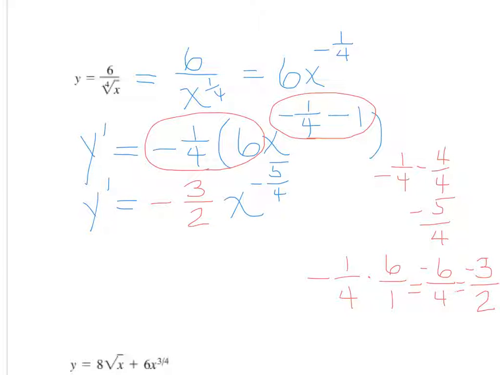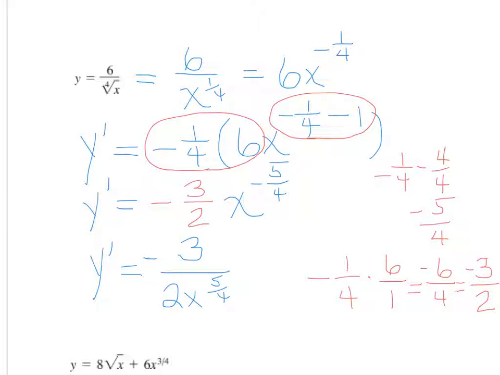If you decide to continue, and again, this is not necessary, then you can take y prime, and this negative 5/4 means the x can go back to the denominator with the 2 and become positive 5/4. And that means that the negative 3/2, the negative can stay in front and the 3 stays in the numerator.